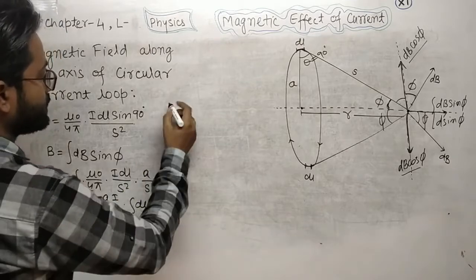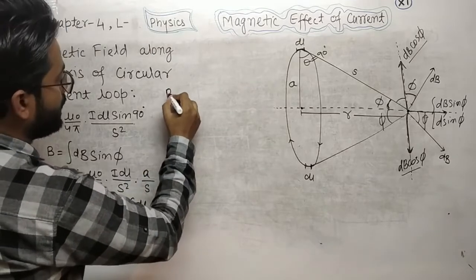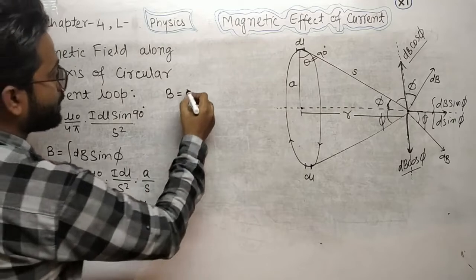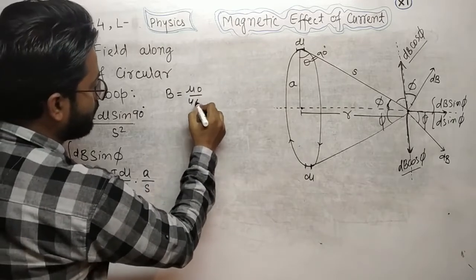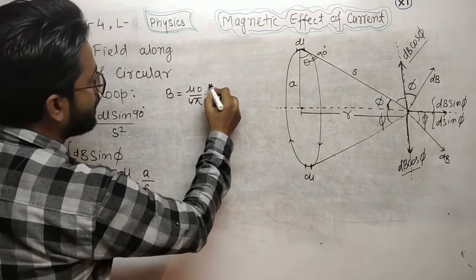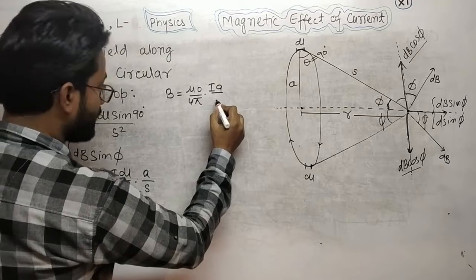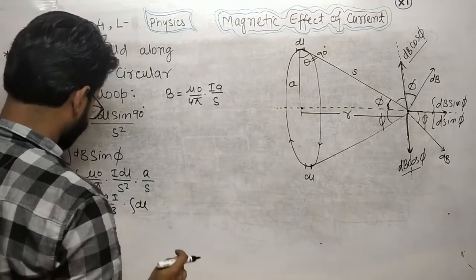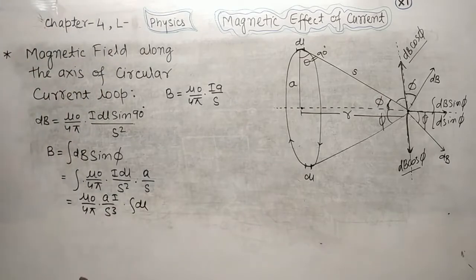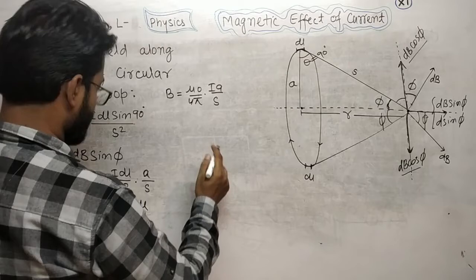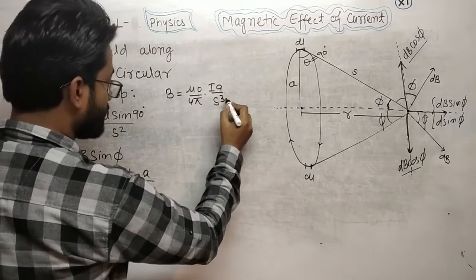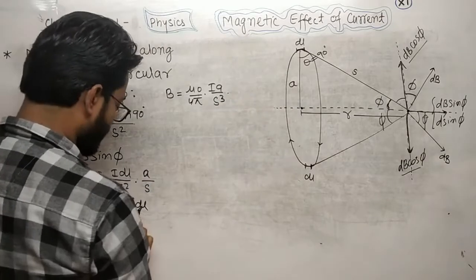The final answer is B is equal to mu naught upon 4 pi, I a upon s cube, integral of dl.